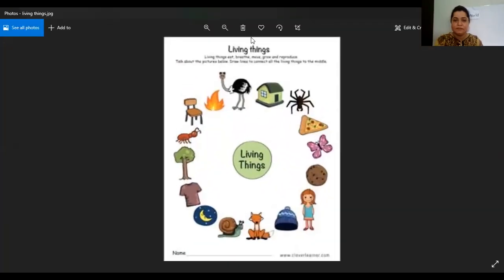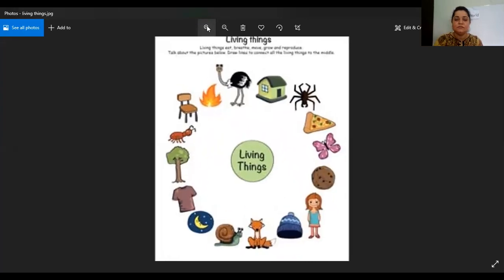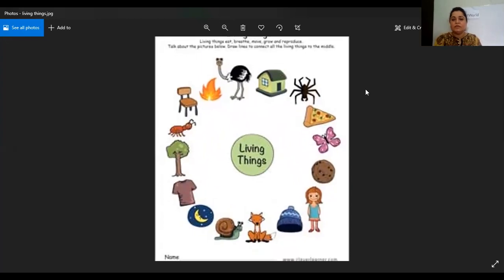So first of all, let's see if I have the picture. Yes, I have the picture, and I'm going to share my screen with you. Yay, so we are going to have a look at this picture. Now we are going to discuss the living things here in the picture.